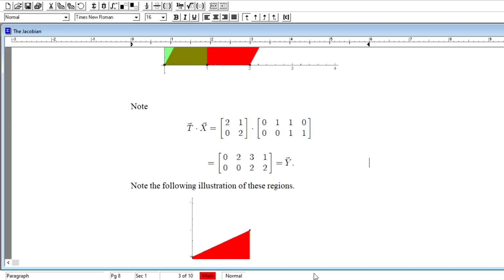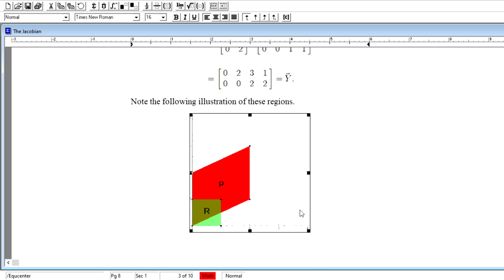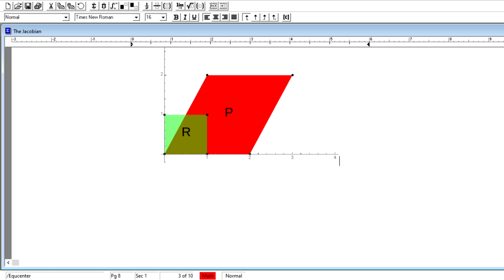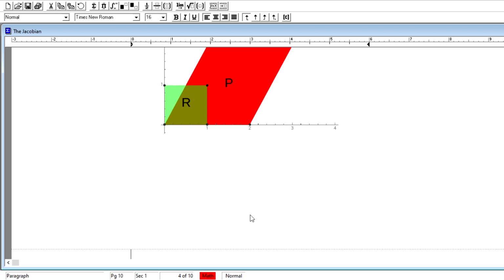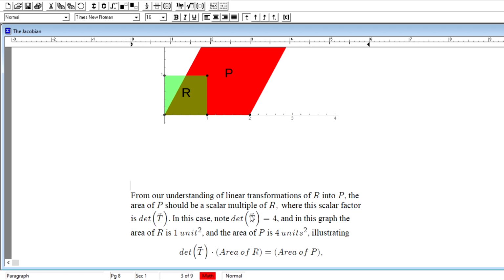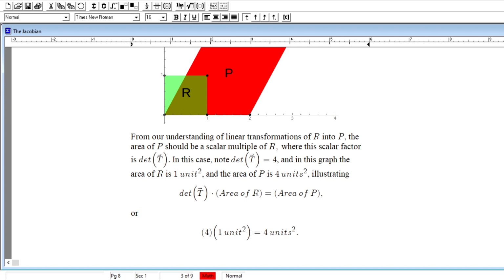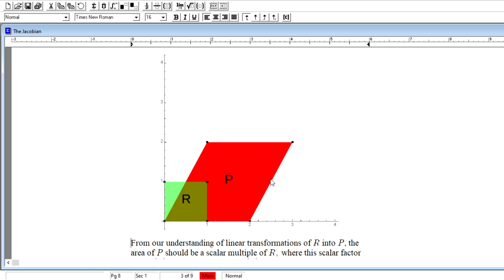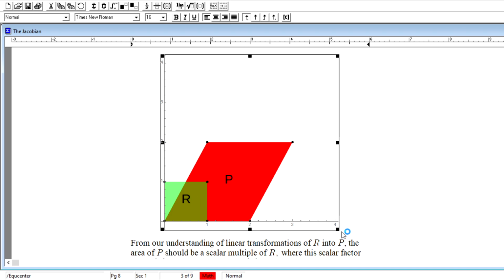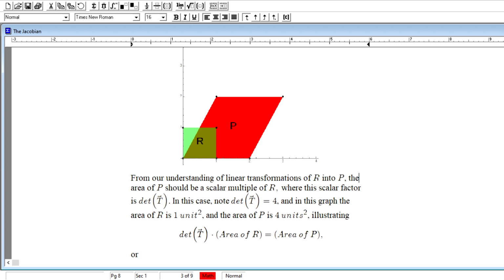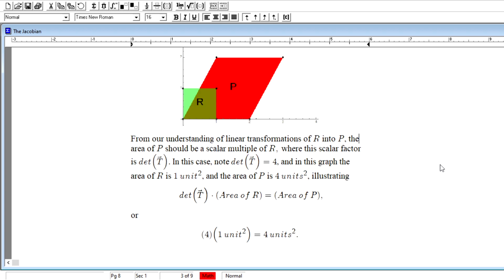And again, I note that illustration down here again, where I want to fix that. Where we go on a little further now and note, well, from our understanding of linear transformations of R into P here, shrink this down just a little bit so we can say this whole idea together here.